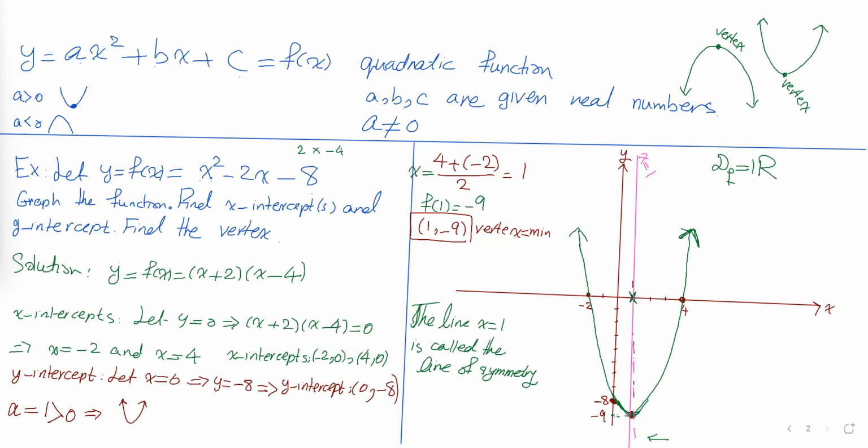No, right? There is no y below -9. So this means the range of f is above -9. It's from -9 to plus infinity. In other words, it's just y larger than or equal to -9. Where did I get -9? -9 is the point where my vertex is, right?